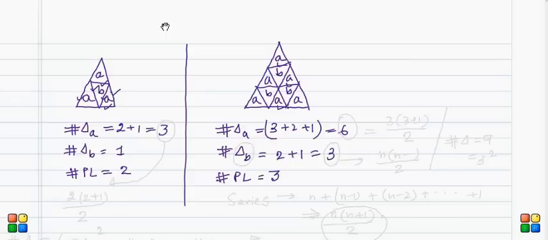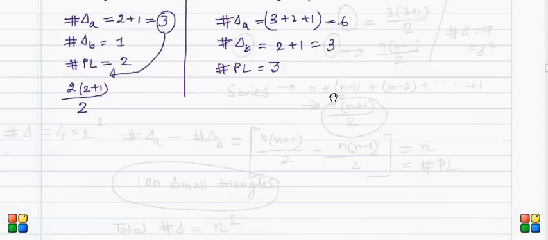Now do you see some interesting observations in this case? First, we had 3, and the number of parallel lines was 2. So this number 3 is 2 into 2 plus 1 by 2. How did I get this magic number? If you look at it, the way the lines are creating the triangles, it's really n plus n minus 1 plus n minus 2.